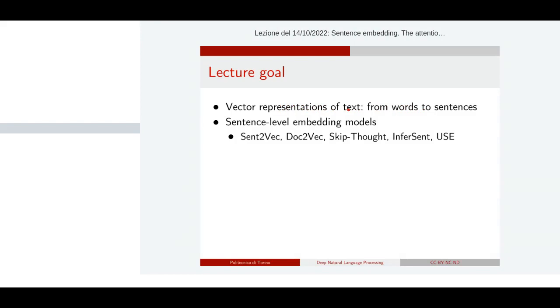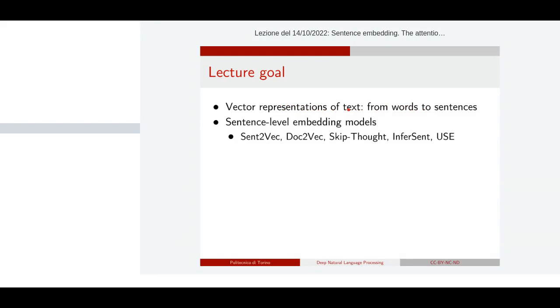Then, once you have the prior knowledge on sentence embeddings and attention mechanism, we can go on next week looking into the main properties of contextualized embeddings, which are the further extension of this kind of models, including transformer architectures.